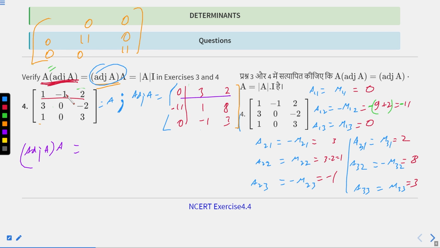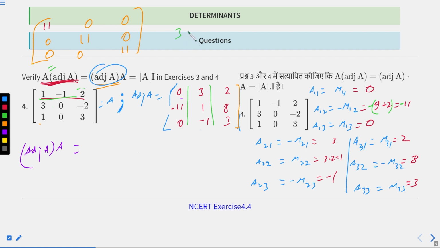Now 1, 11, so 0 plus 11 plus 0. Okay, so far so good. The multiplication will be like this. So 3 minus 3 and 3.